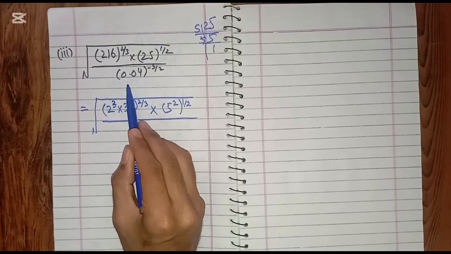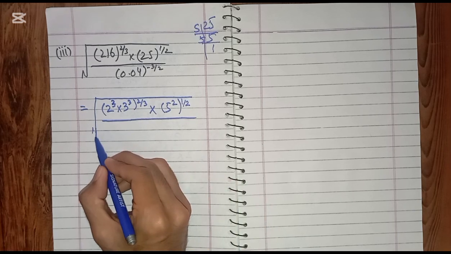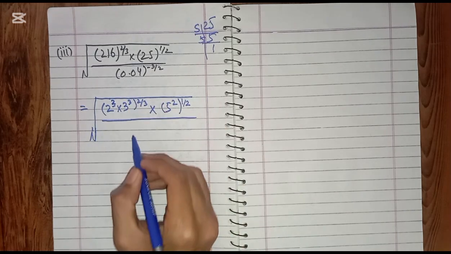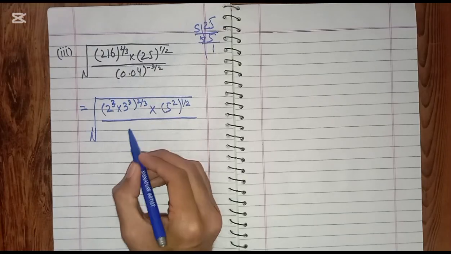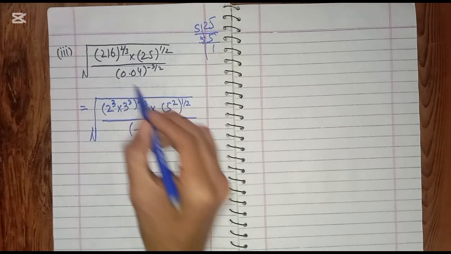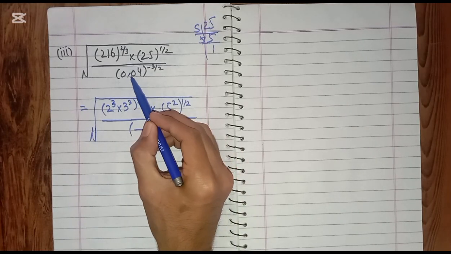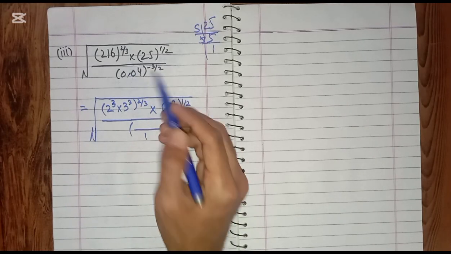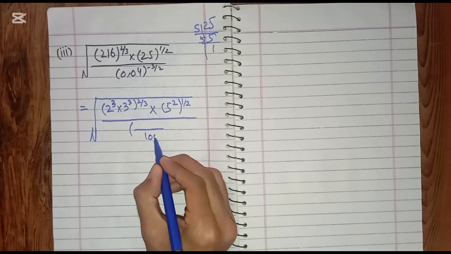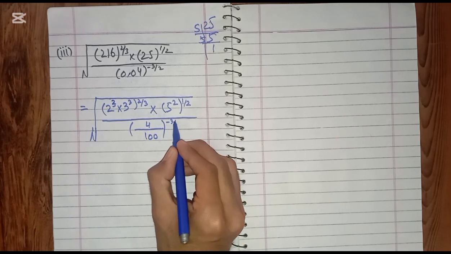So firstly we have to convert it into fraction form so the decimal can be cancelled out. We cut this decimal point and put 1, and after the decimal point there are two digits, so we place two zeros, and in the numerator 4 as it is, and its power is minus 3 by 2.